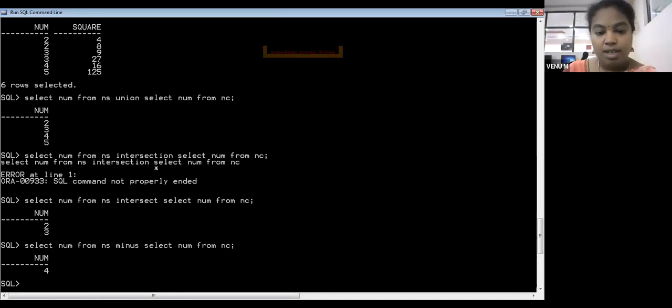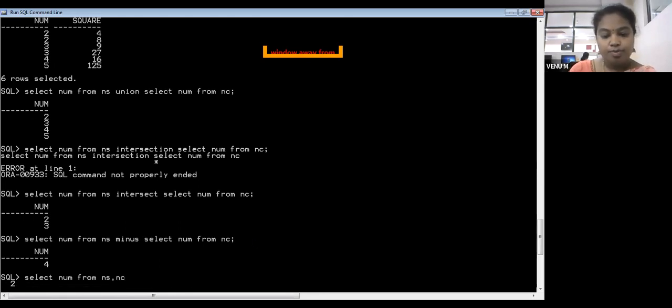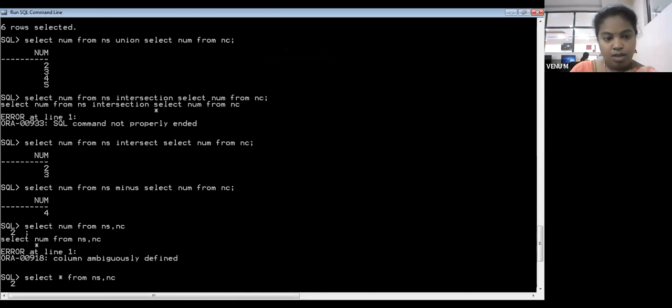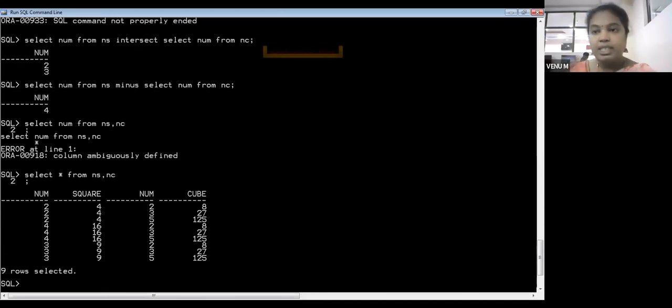So what is the other thing here? Cross product. Cross product means we just put those two tables and see. Start means every field has to be displayed like a join.